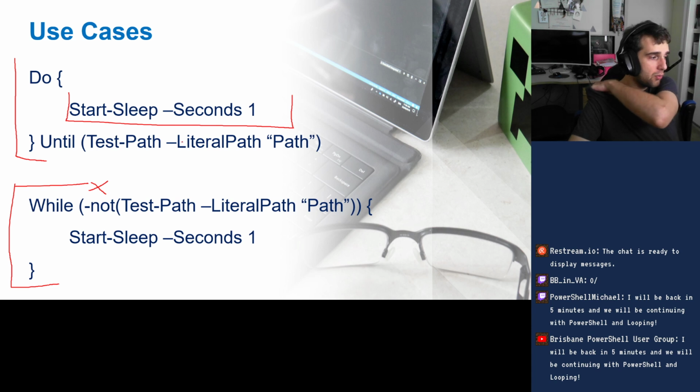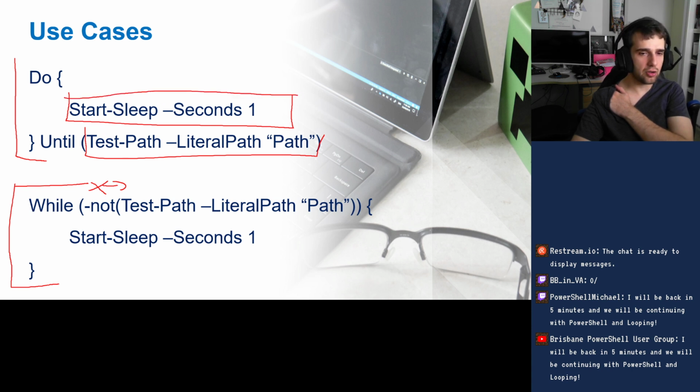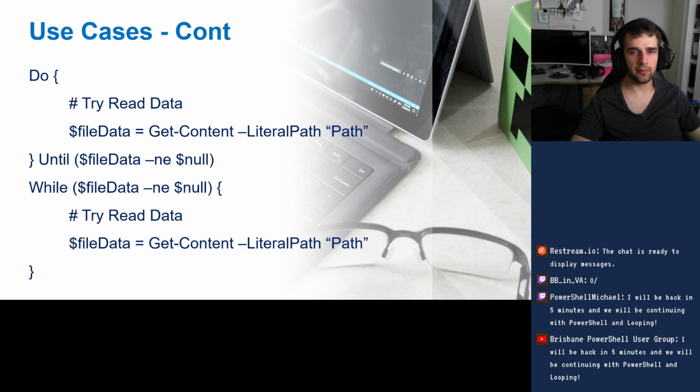There's a chance the file already exists, so our code is going to perform more optimally. Otherwise it's going to sleep for a second and then test for the condition, and this sleep is going to stop our execution. So that's a use case showing two different ways you can use a do or a while statement.